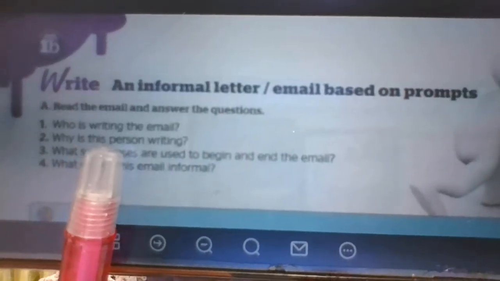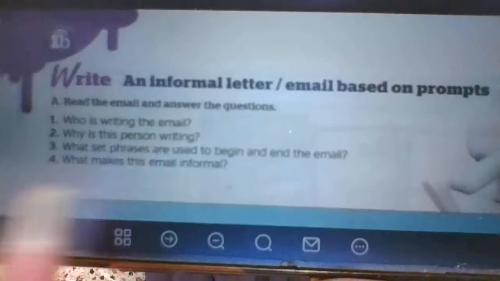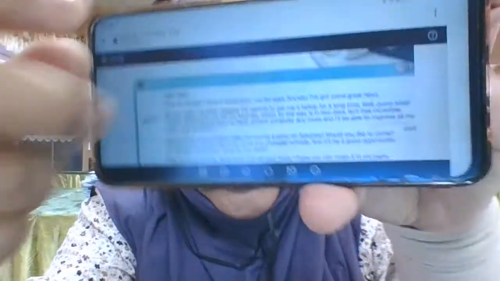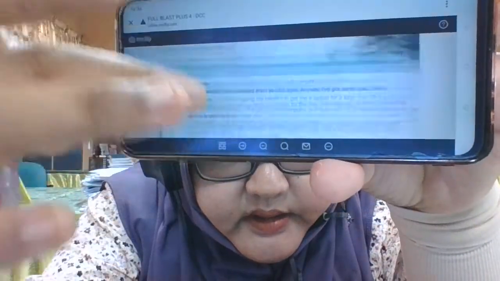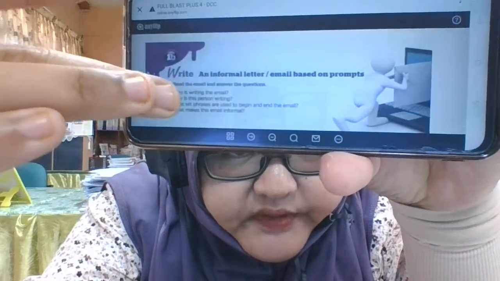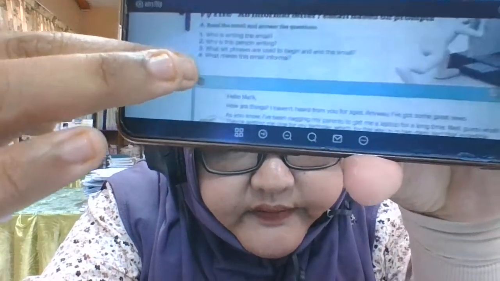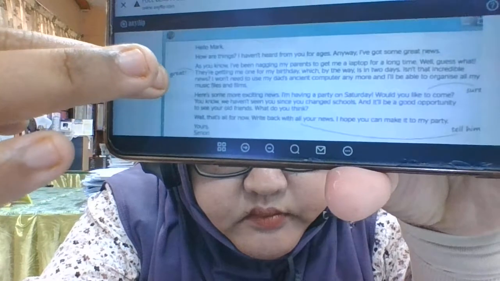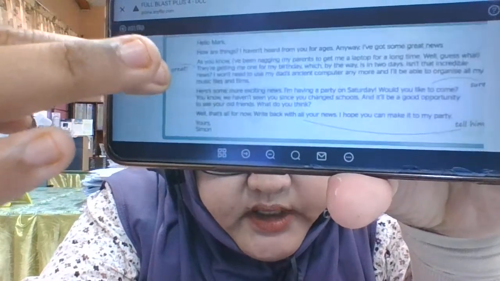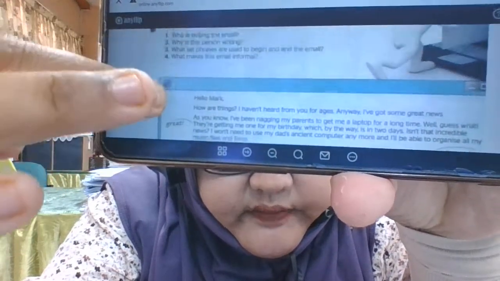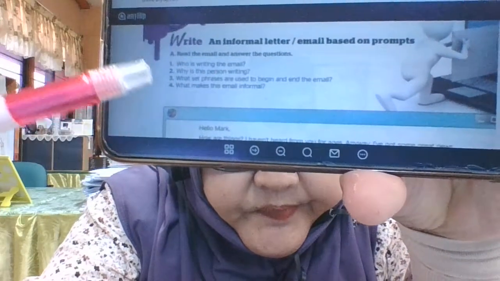Kenapa orang ini tulis email ni? Where is the email? It's down here. This is the question, and this is the email. Alright, you read the email, and then you answer the questions.